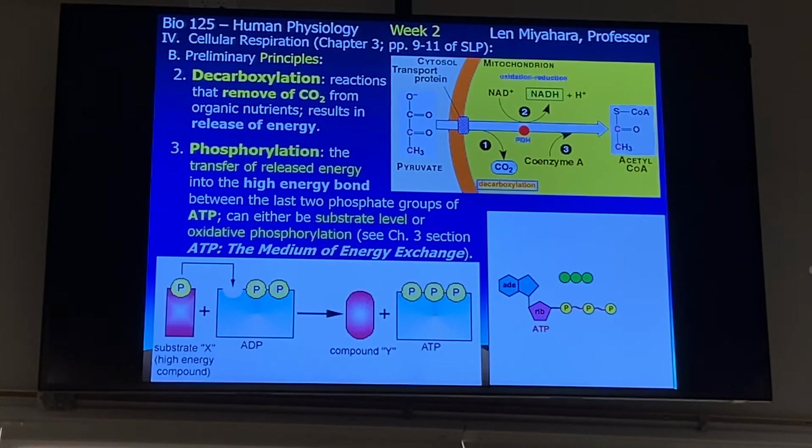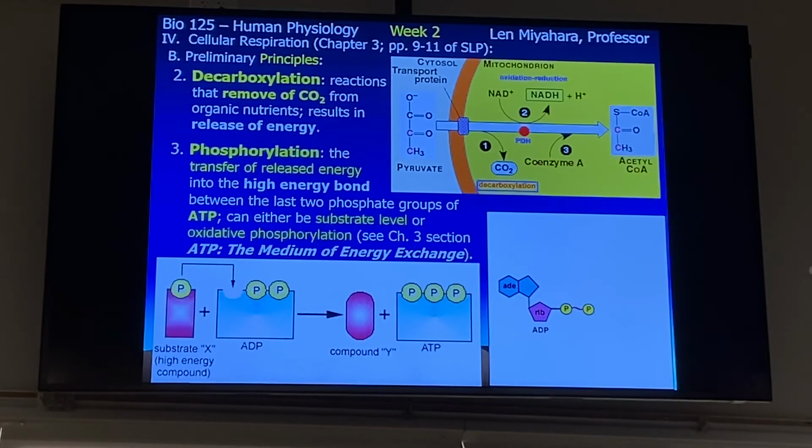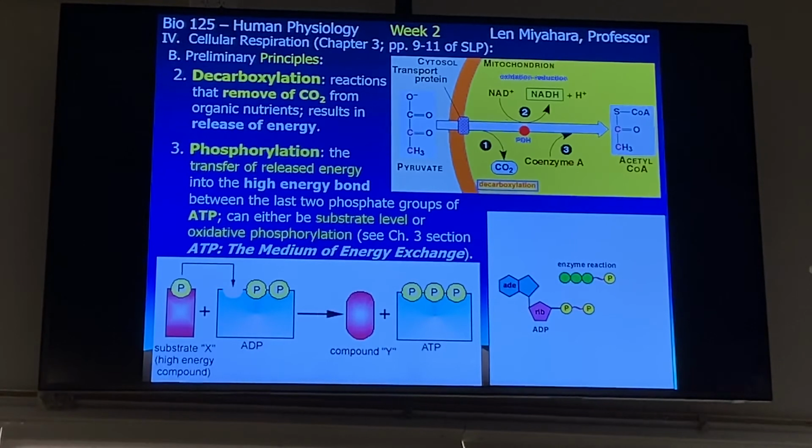But this getting 36 ADPs to become 36 ATPs is 36 phosphorylation reactions. You're adding a high energy phosphate group onto ADP. Substrates. Here we're talking about carbons.